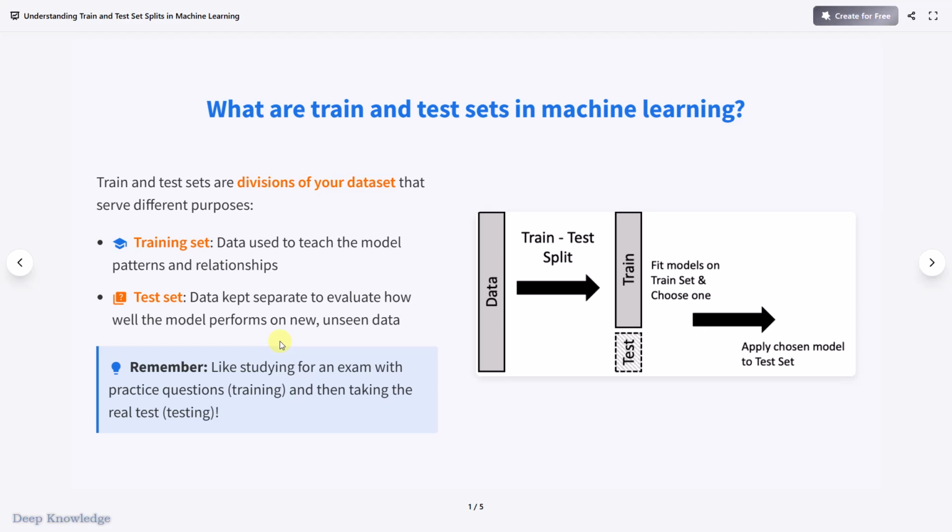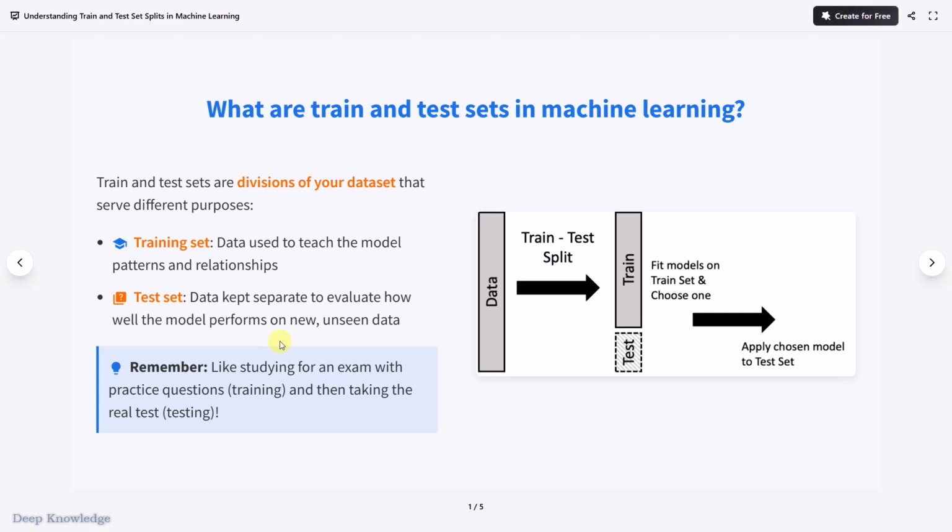Please remember this. You have training data and test data. The test data will not be seen by the model during the training. It's like studying for an exam with practical questions.